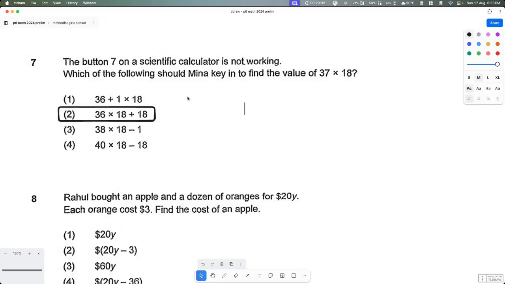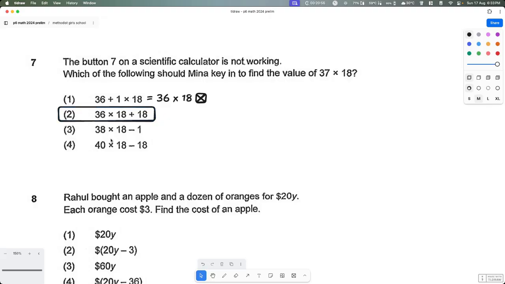So 36 plus 1 times 18 is basically equal to this one. 36 times 18 is a wrong one.